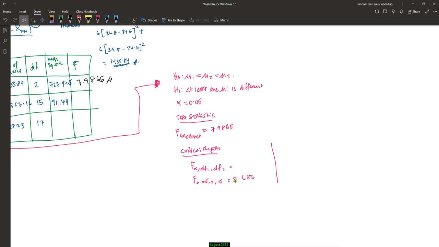So our region should be skewed to the right because this is an F distribution. So this is 3.685.